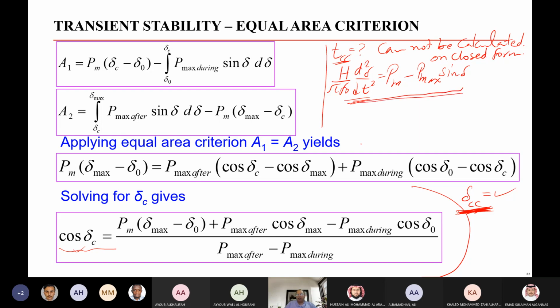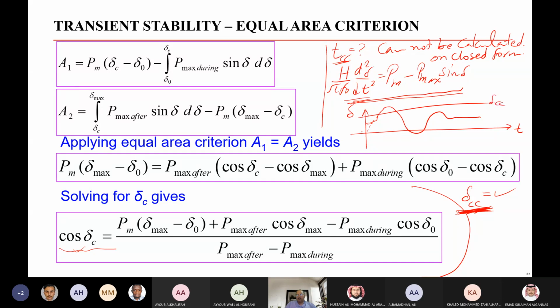You have to solve it numerically, and you can solve delta versus t. Assume that you are here, and then you have this solution that comes from the swing curve. And in this case, you can see where the angle delta CC is.